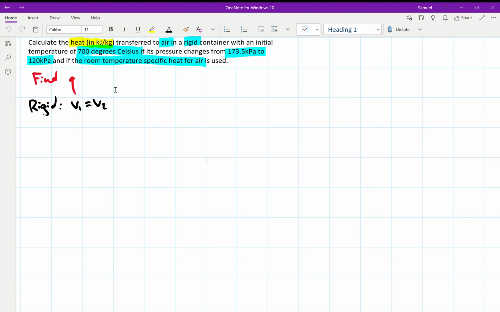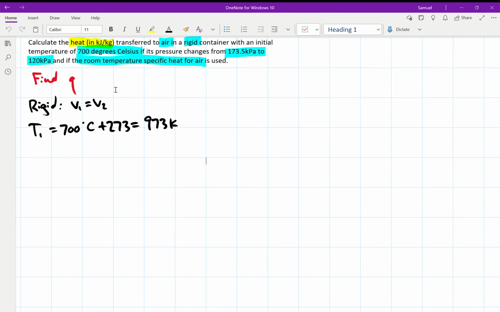We were told a temperature T1 equals 700 degrees Celsius. I'm going to convert that to Kelvin by adding 273 to it, so that our initial temperature can be written as 973 Kelvin.